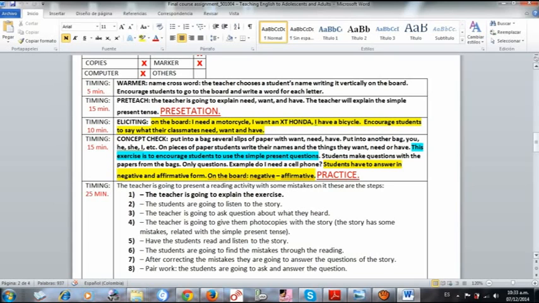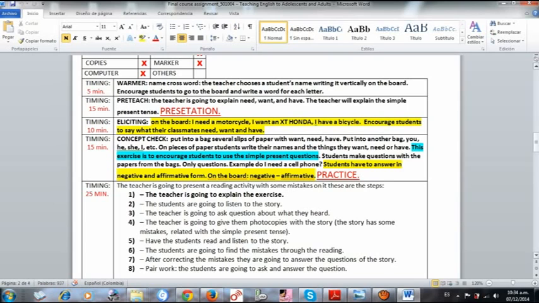In this case, I wrote the teacher is going to explain need, what the meaning is of need, what the meaning is of want and have. And I am going to explain a little bit the simple present tense. For example, that the present tense is for habits, and the rules for he and she and do.